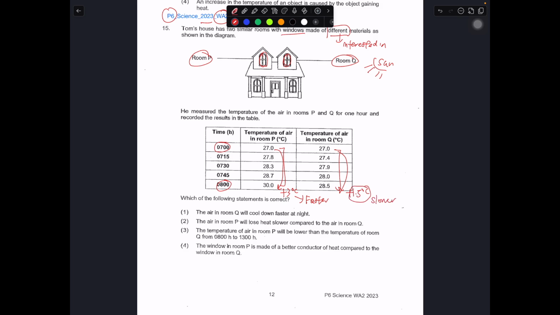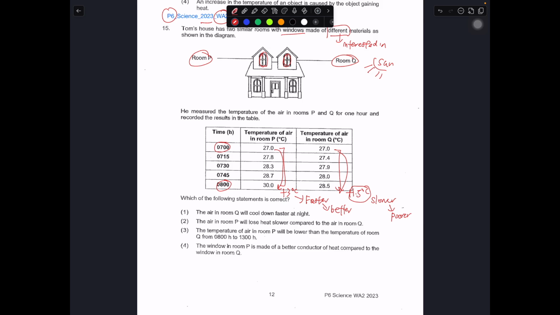So in this case we can see that P gains heat faster while Q gains heat slower from the sun. So naturally we can conclude that the material of the window for P is the better conductor of heat, while Q is a poorer conductor of heat. This is something that we can at least know from the data presented.